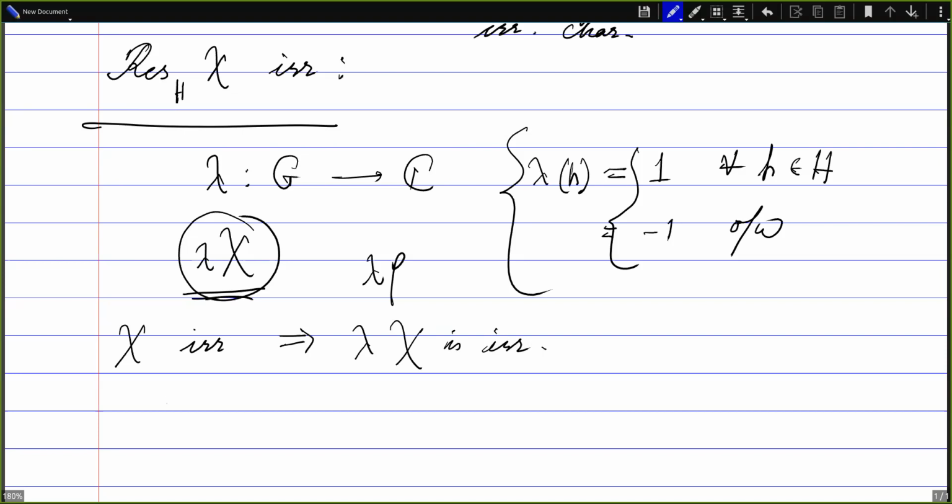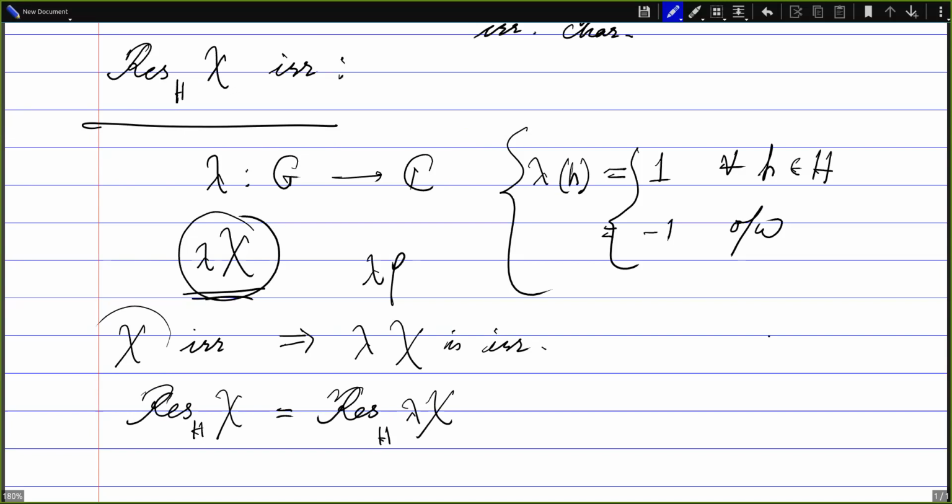And needless to say, the restriction of chi and the restriction of lambda chi are the same, right? Once we restrict both chi and lambda chi to H, the restricted characters are the same.